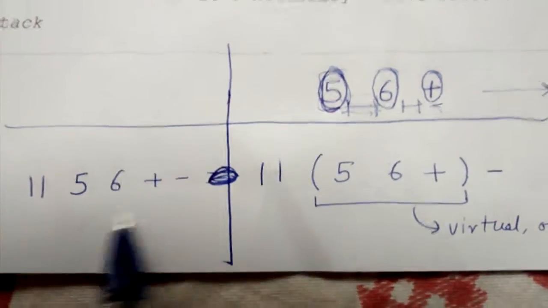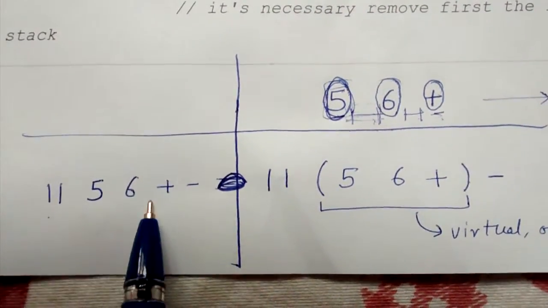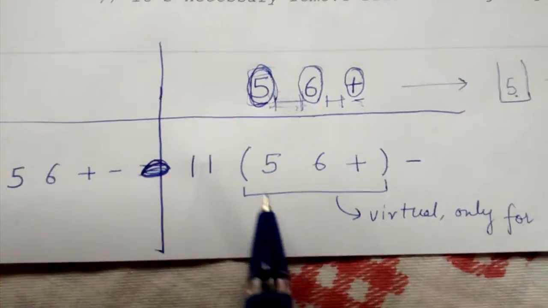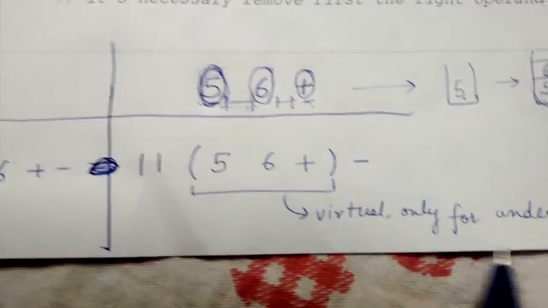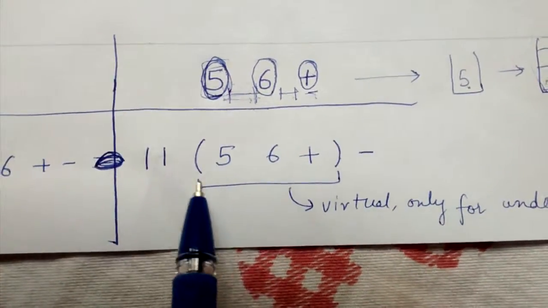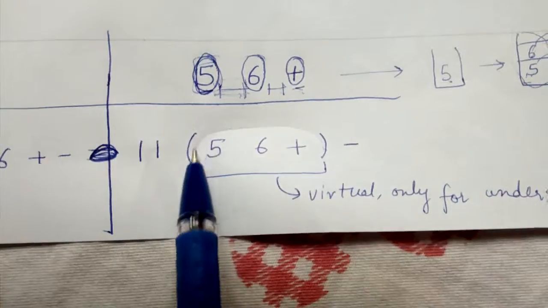we see a bigger expression. So this was just 5 6 plus. Now we have 11 5 6 plus minus. So these imaginary brackets I am creating here are just for understanding. So 5 6 plus will be one part.